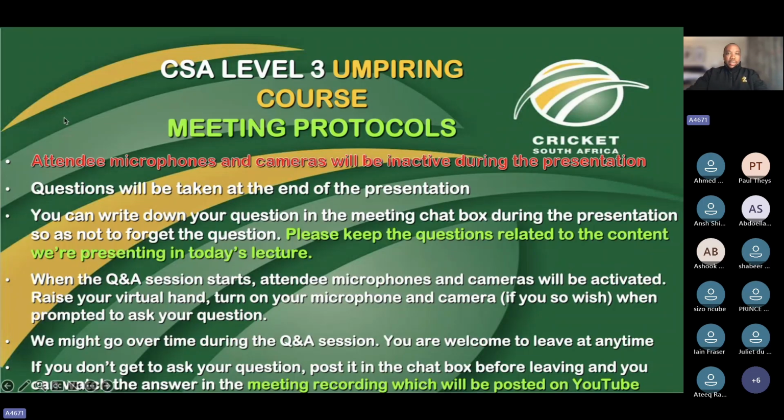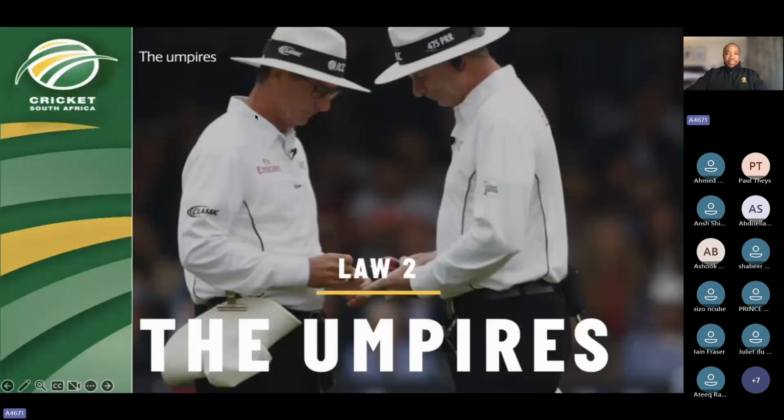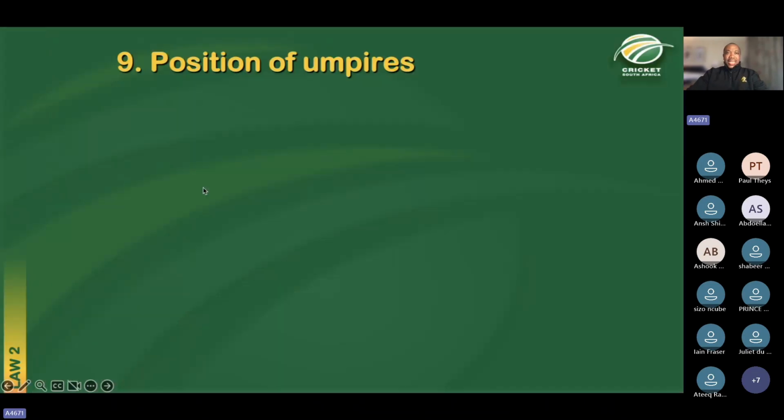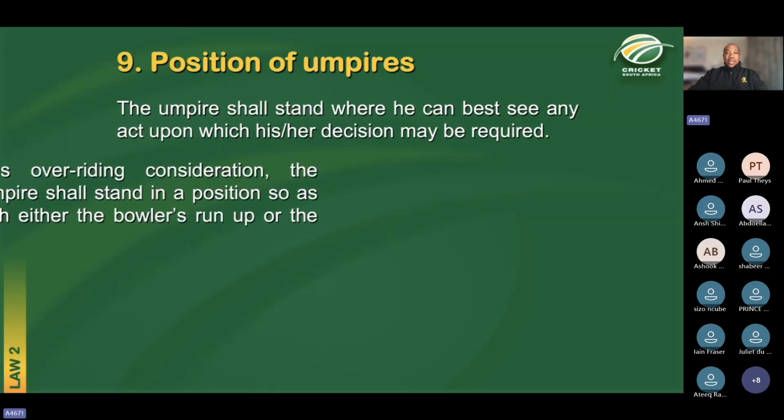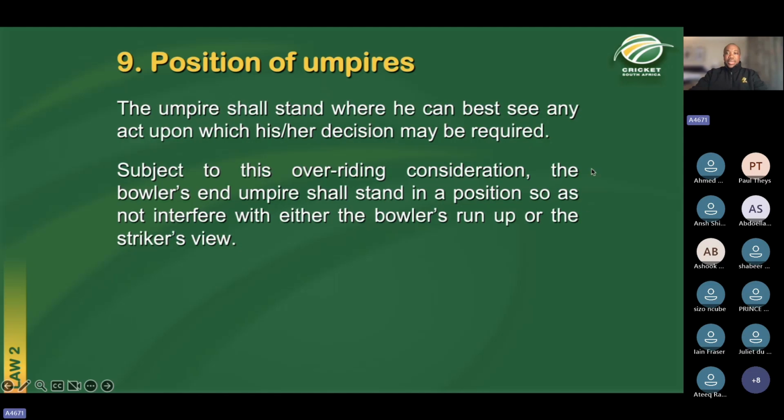So let's get on to the content for today's lecture, starting with Law 2, the umpires. And we're only going to look at a certain subsection of law number 2, which is the position of umpires. Law tells us that the umpire shall stand where he or she can best see any act upon which his or her decision may be required.